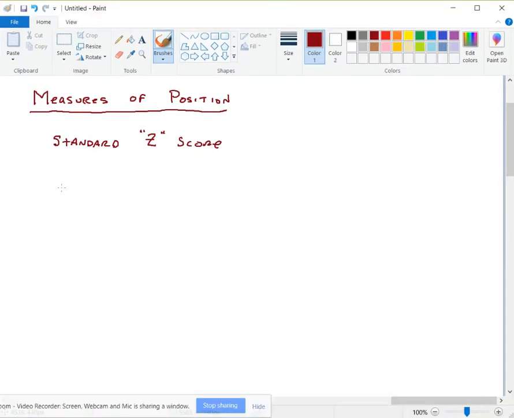And essentially it is a measurement of the value of a data point with respect to the mean, and how many standard deviations it is from the mean. So we take the difference between the value of some data point and the mean, and we just divide it by the standard deviation.